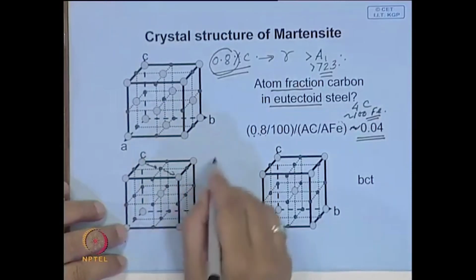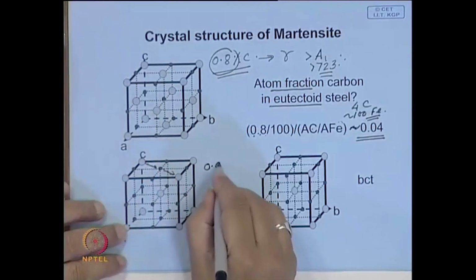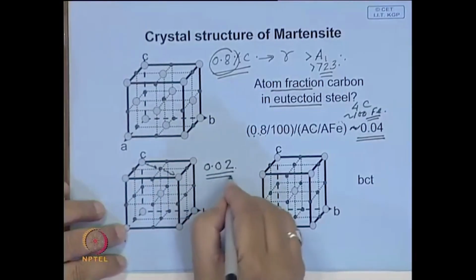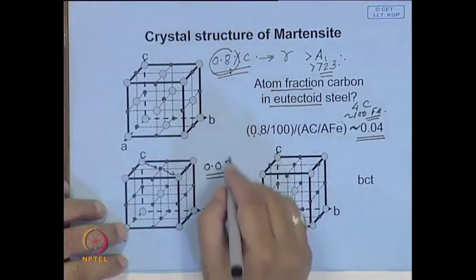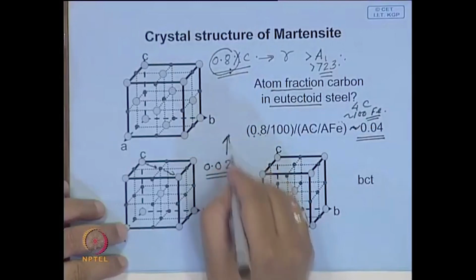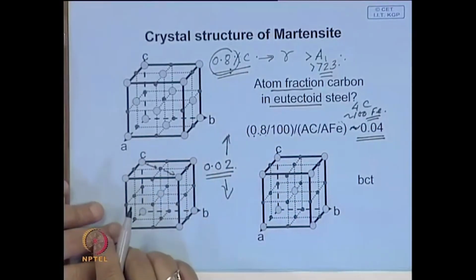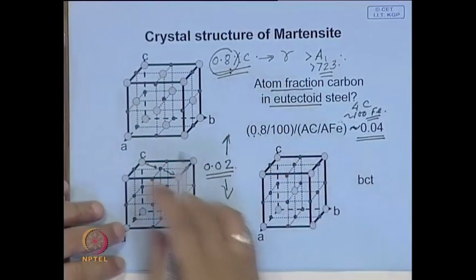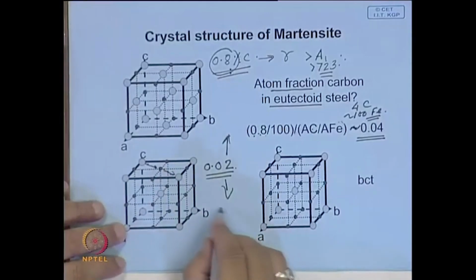and mind you, the solubility of carbon in BCC is very limited, 0.02. So, if you are trying to keep this much carbon, imagine the extent to which this lattice will get distorted, and this distortion is so large that its crystal structure also changes.